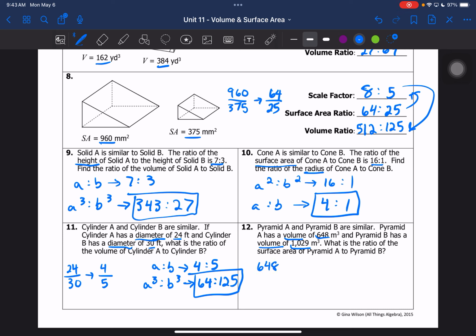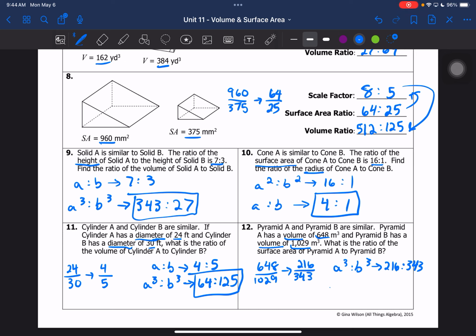So let's make this into a fraction, simplify this so that we know what the volume ratio is. When you simplify that, you would find it to be 216 over 343. And this is our volume ratio. Volume ratio is represented by A cubed to B cubed. So I'm going to say this is 216 to 343.